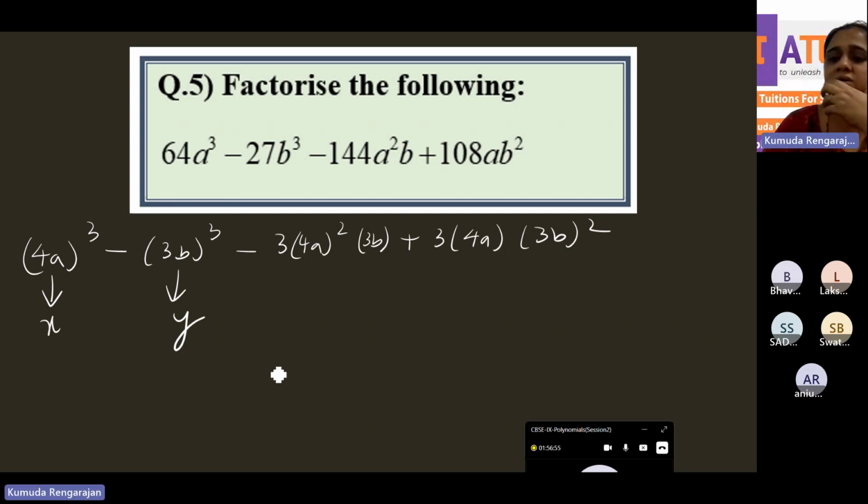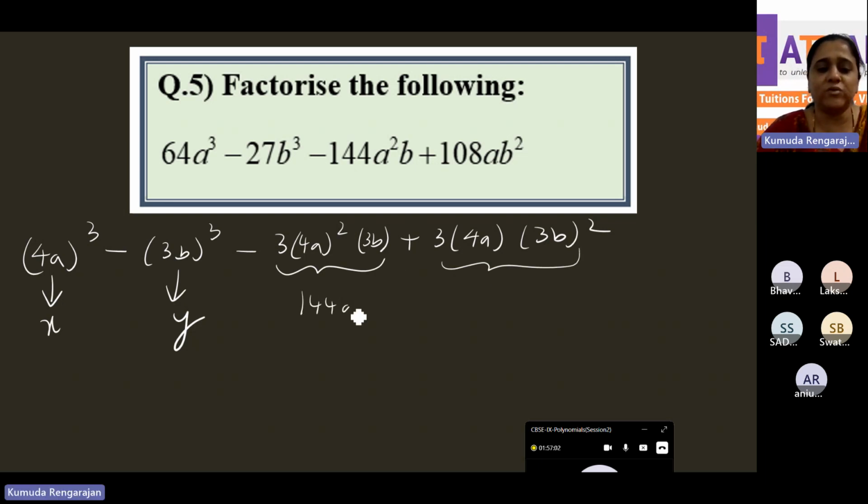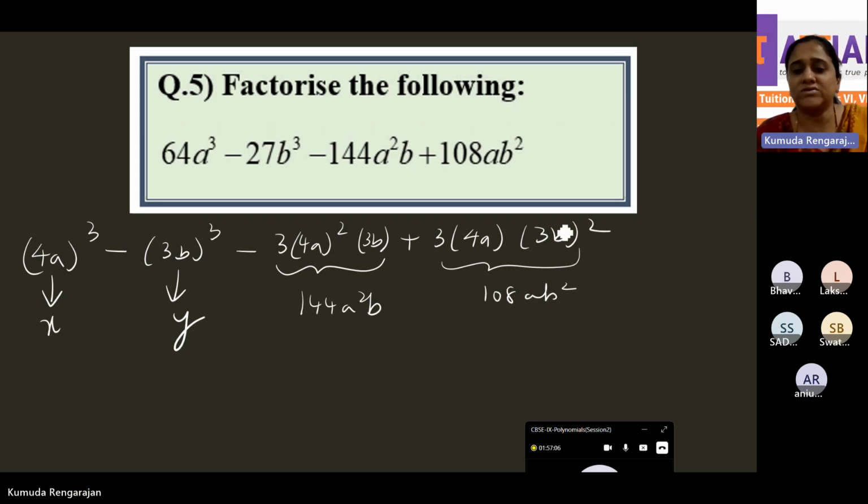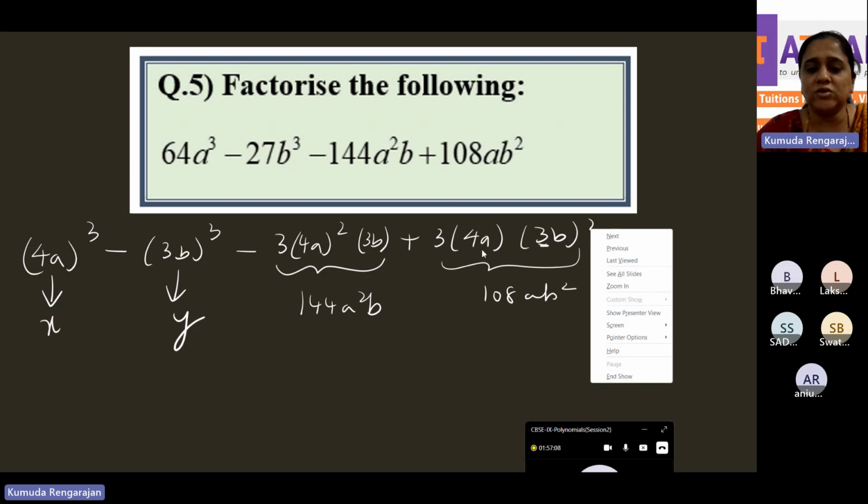Got it, all of you? Now just check if this one and this one produce 144 a square b and 108 a b square. So what is 3 square? 9. 9 into 12.